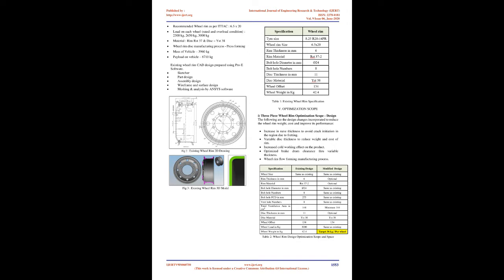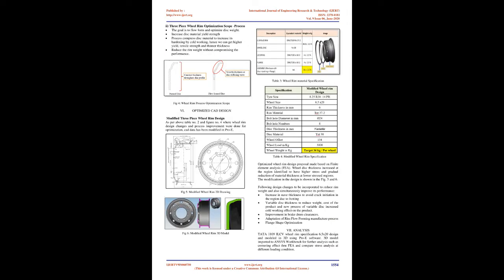Load on each wheel, rated and overload condition, 2,300 kilograms, 2,650 kilograms, 3,000 kilograms. Material, rim RST37 and disc YST38. Wheel rim disc manufacturing process, press forming.